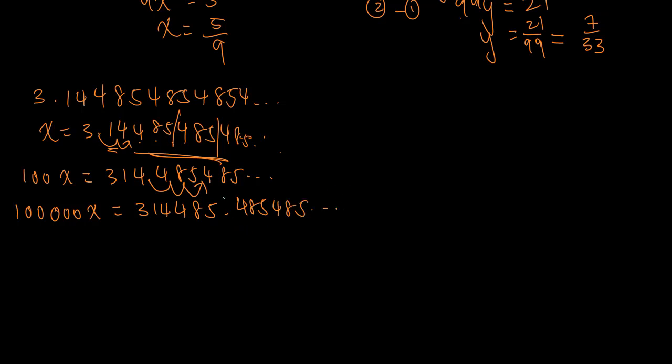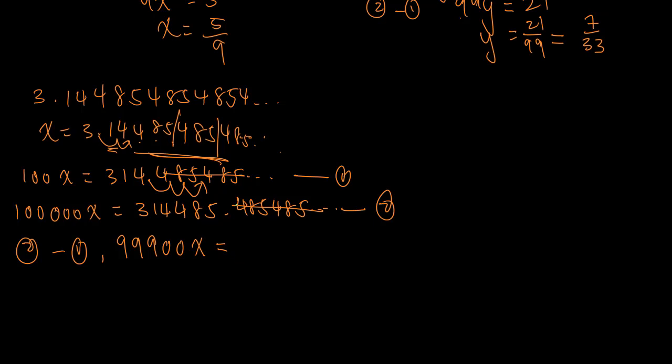Now we can see that the first equation and the second equation have the same recurring decimals. So we can use the second equation to minus the first equation to cancel off all the decimals at the back. So if you use 100,000x minus 100x, we will have 99900x.